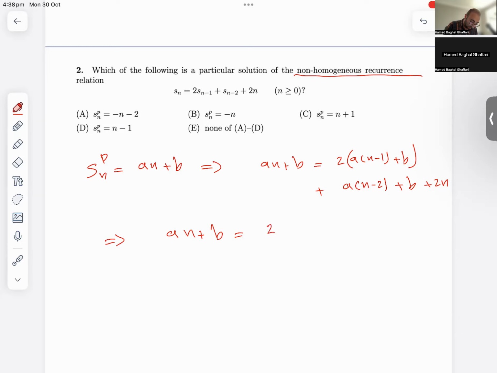So I have 2an for this part, and minus 2a plus 2b, and from here an minus 2a plus b plus 2n.